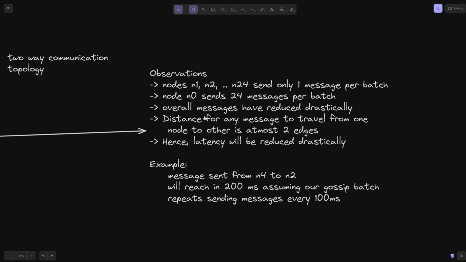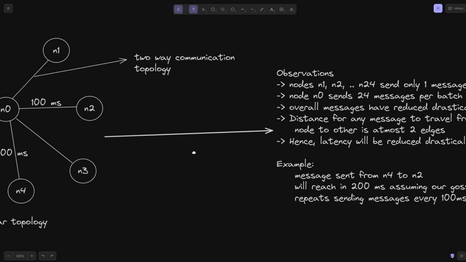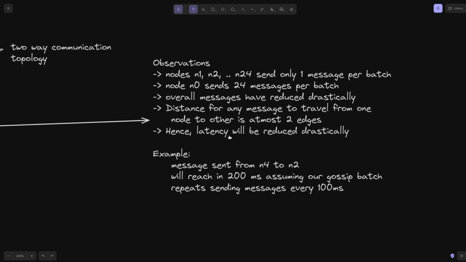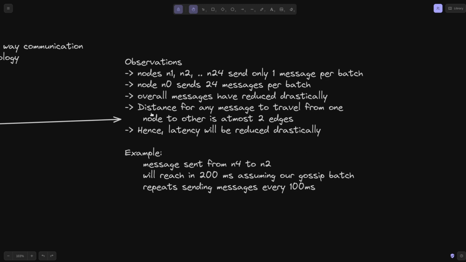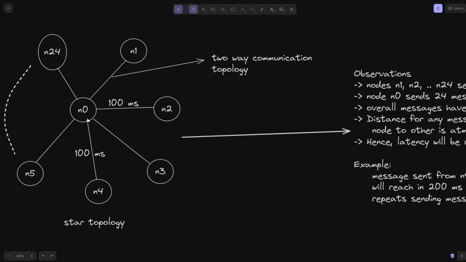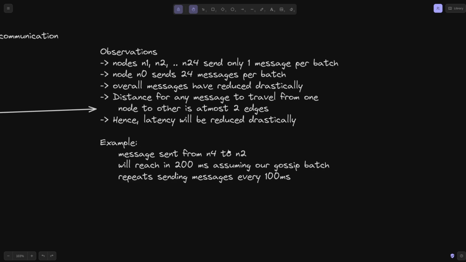So the overall messages are reduced drastically, because 24 nodes are going to send only one message and one of them is going to send 24 messages. So overall in a particular batch we are sending only 48 messages. The messages per operation is an averaged out quantity, so the results may differ based on what parameters we use. But this approach is definitely going to reduce the latency as well as the number of messages per operation.